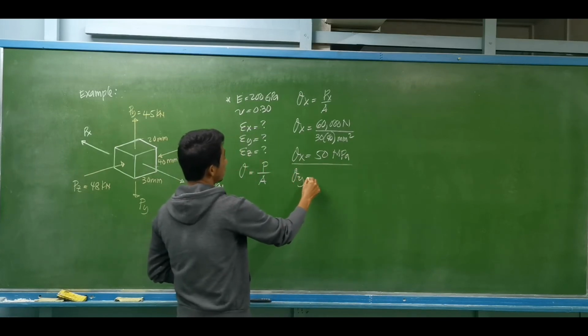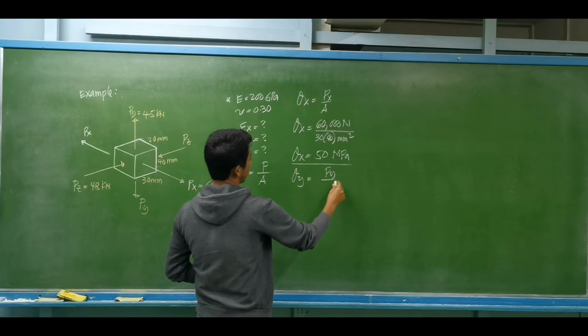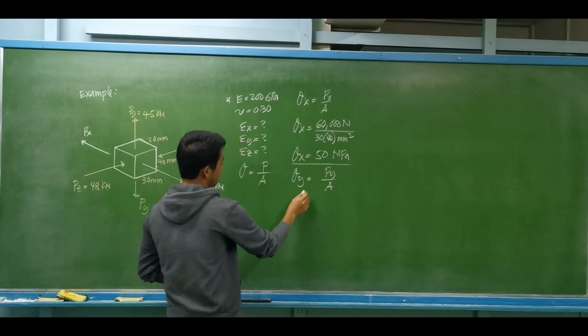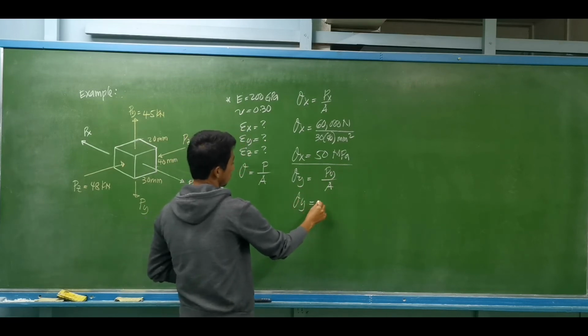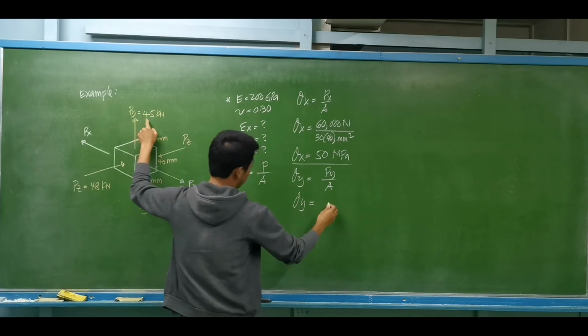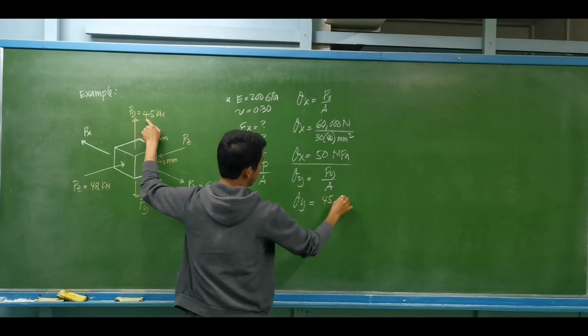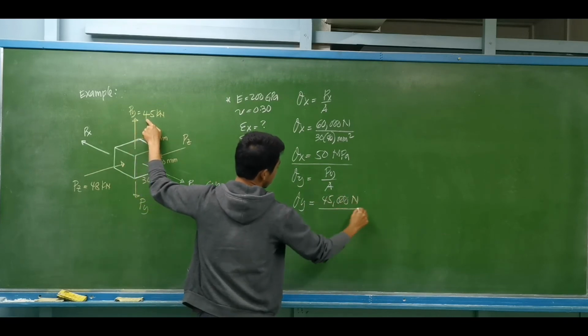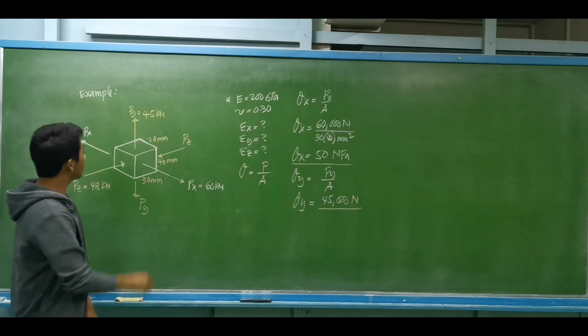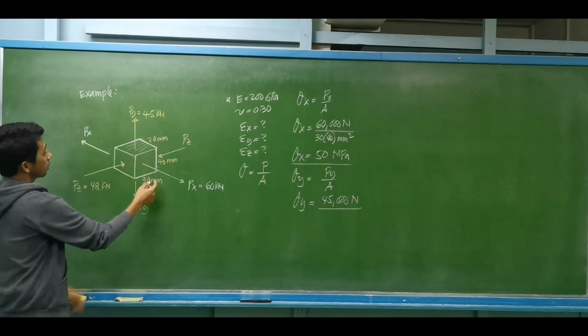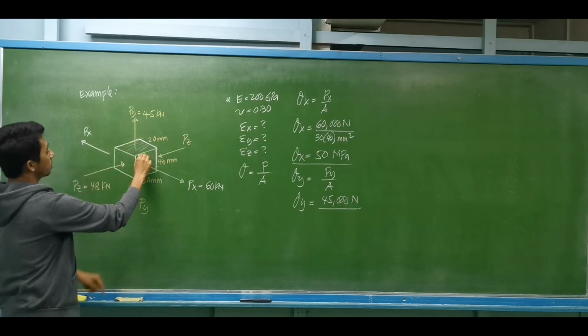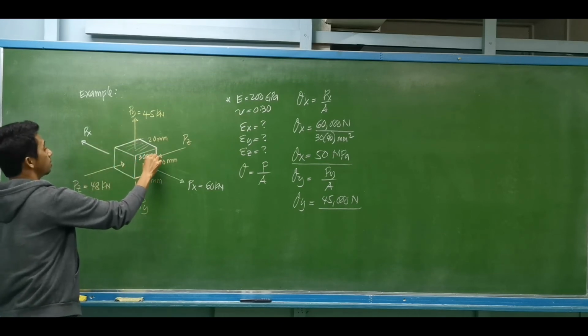We have sigma y is equal to Py divided by the area. So we have the stress along y is equal to 45 kilonewtons or 45,000 newtons divided by the perpendicular area, which is 20 mm by 30 mm.